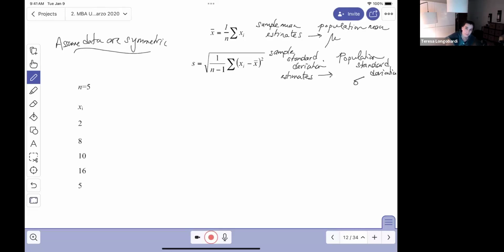And these are universal symbols. So if we had all the data, we could calculate the average of all the data. If we had all the data, we could calculate the standard deviation of all the data. But we don't have that. We just have a sample.